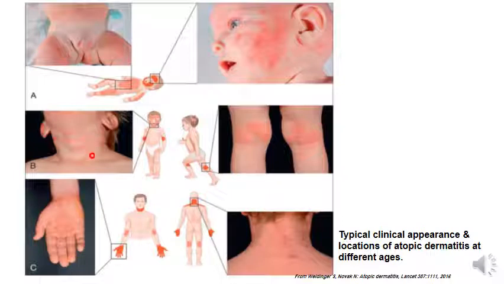Here in the neck, and this is the palm in older children. In adolescents or adults, it may involve the palm, the popliteal region, and the elbows. Here, the posterior aspect of the neck.